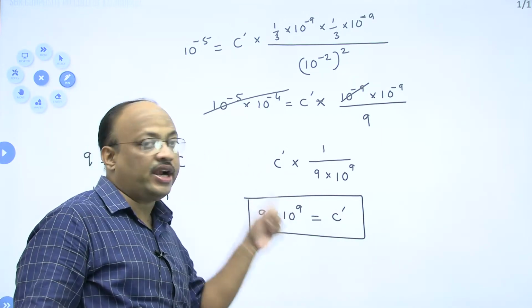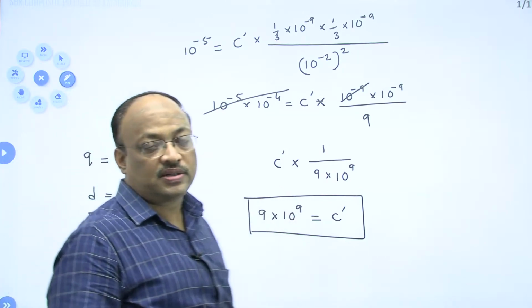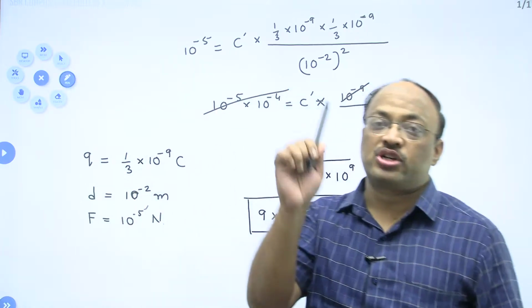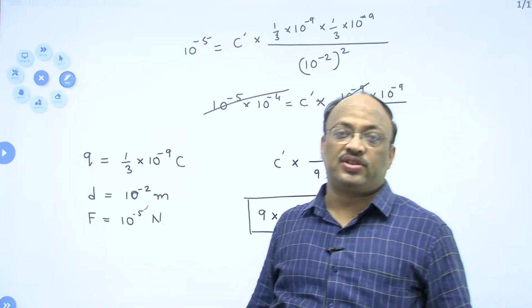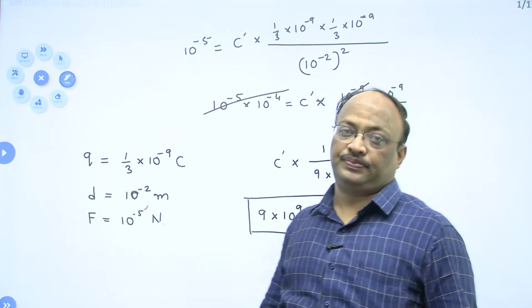9 into 10 to the power of 9. In CGS unit, he had taken the proportionality constant as 1.